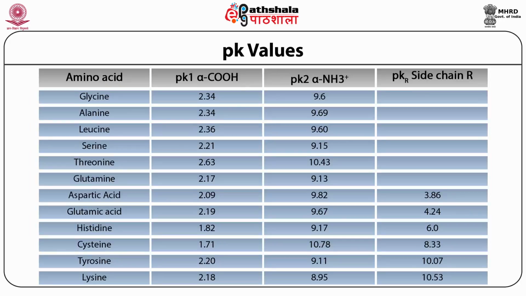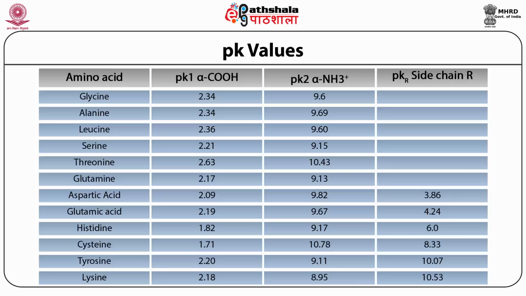We show in this table pK values, that is pK1, pK2 and pKr for the side chain. Glycine doesn't have a side chain, so it doesn't have a pKr value. Alanine, no pKr value. Leucine, no pKr value. Serine, no pKr value. Threonine, no pKr value.